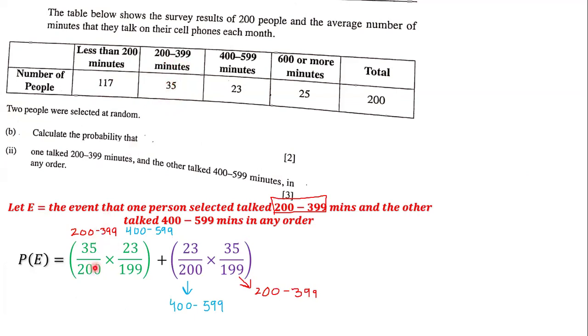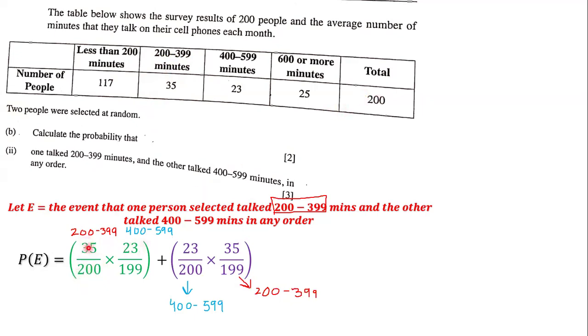It's 35 because there are 35 people who spoke on the phone for 200 to 399 minutes. Now we have 200 because there are 200 people in total, all right?